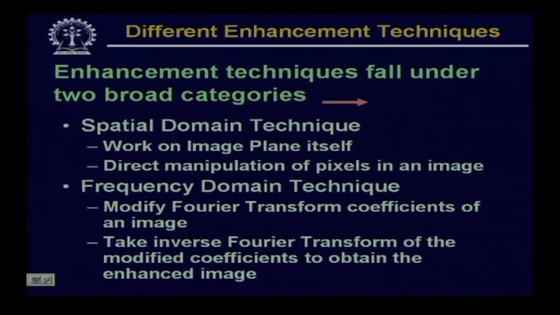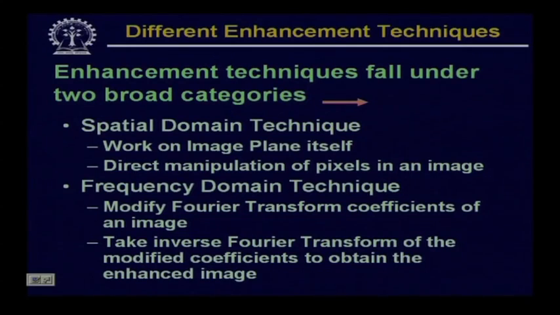The other category of image enhancement techniques is frequency domain techniques. In the case of frequency domain techniques, first we have to take the Fourier transformation of the image, then whatever Fourier transformation coefficients we get, we modify those coefficients, and then we take the inverse Fourier transform of this modified set of coefficients to obtain the enhanced image or the modified image as we need.